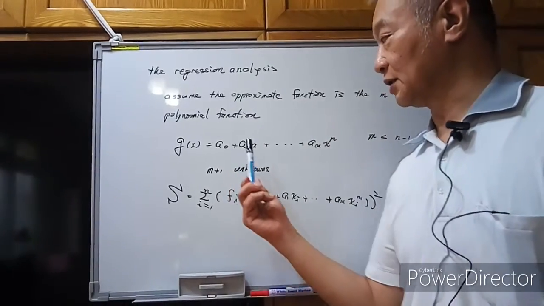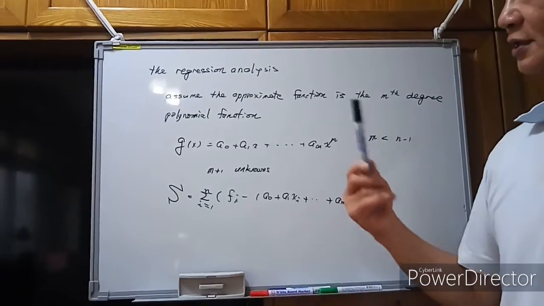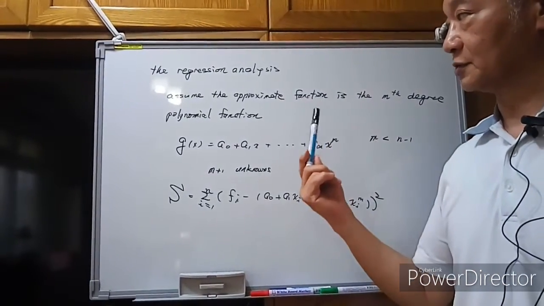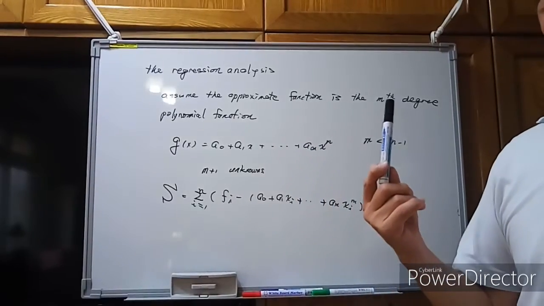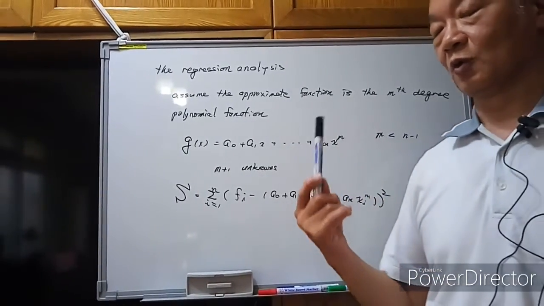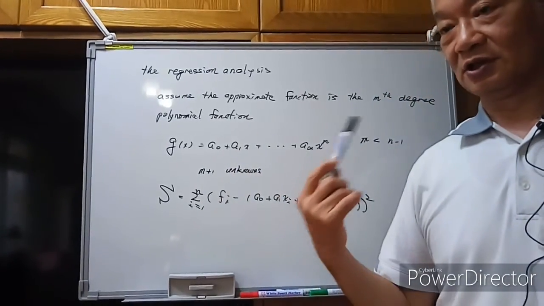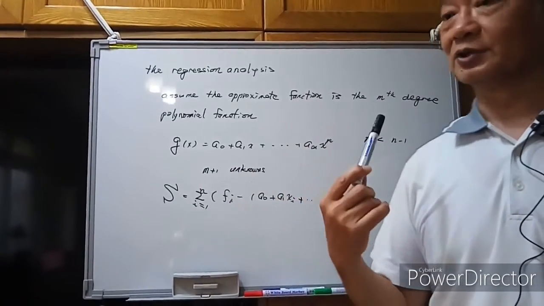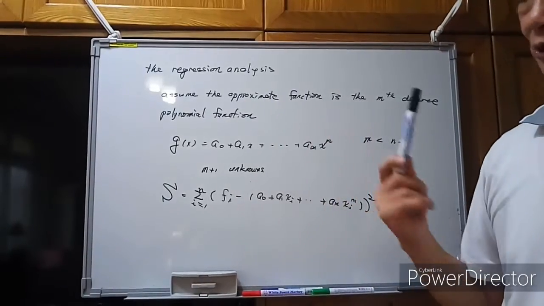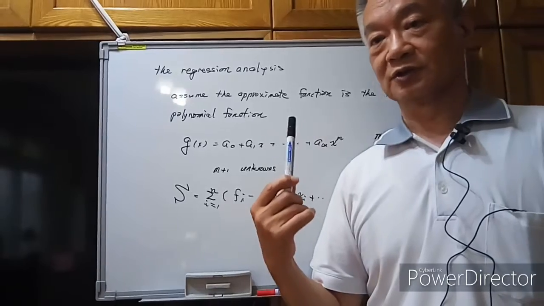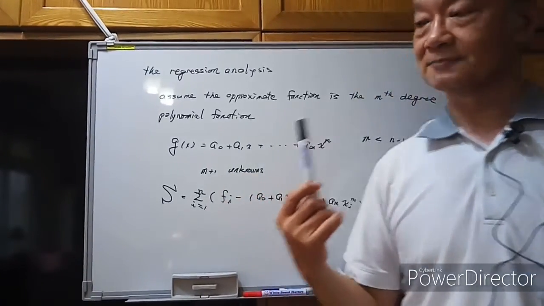So both methods, they can give you only the approximate functions. The difference between these two methods, one of the method, the interpolation functions, it will pass through all the data points. But if we use the regression analysis, the approximate functions will not pass through all the data.